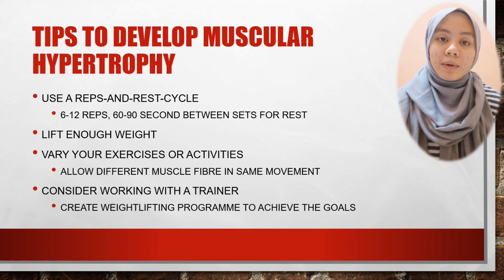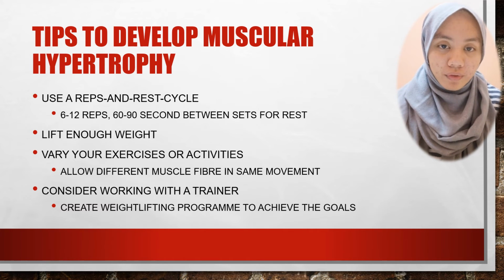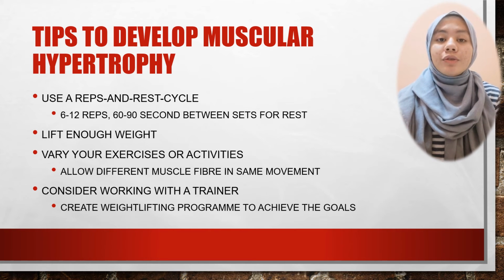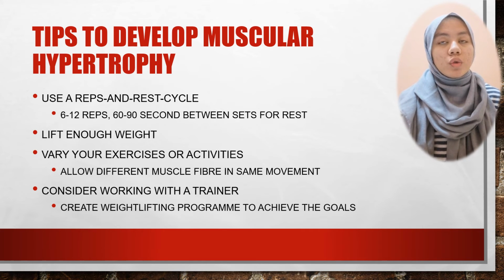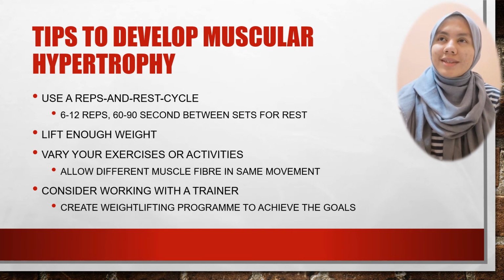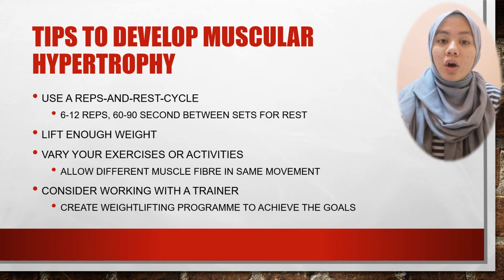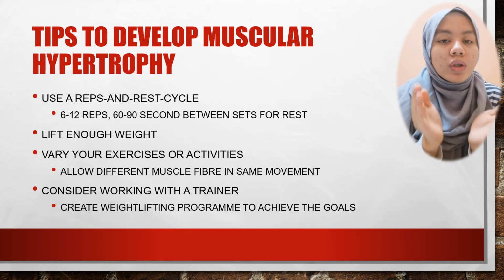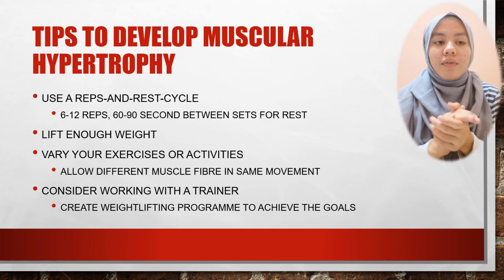Other than that, we will talk about the tips to develop muscular hypertrophy. Firstly, use a reps and rest cycle, where research has found that weightlifters aim for 6 to 12 reps per set, and are allowed 60 to 90 seconds of rest between sets, and it helps lead to muscle damage and muscle fatigue.